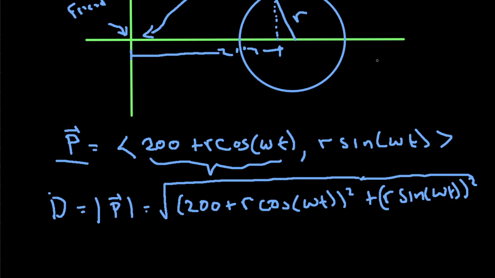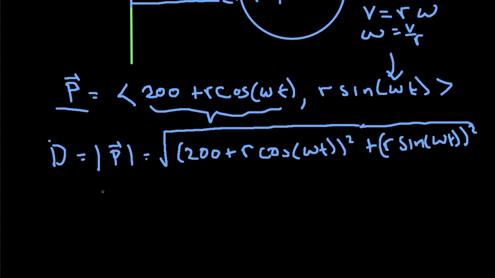So omega right here is the angular velocity. There's an equation for it: the linear velocity is equal to the radius times the angular velocity. So omega is equal to v over r. So we could rewrite that as v over r if we wanted to. And I'm going to go ahead and rewrite this here.